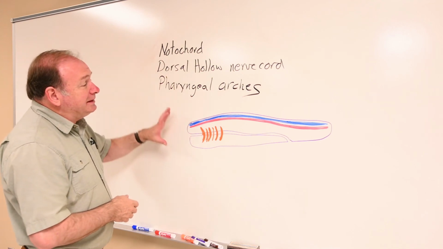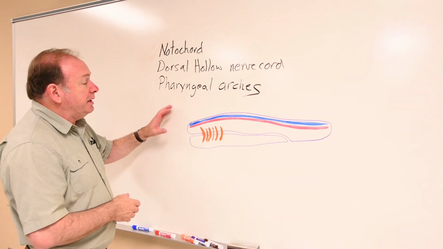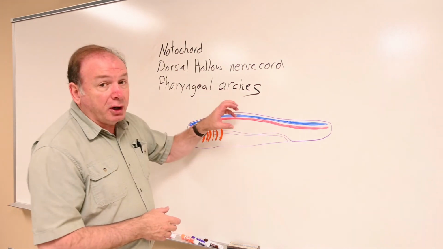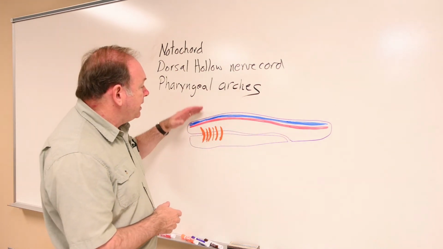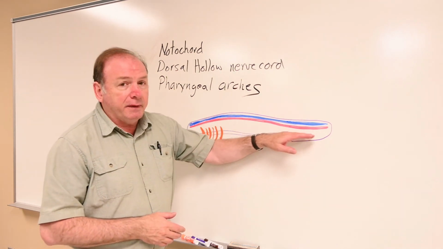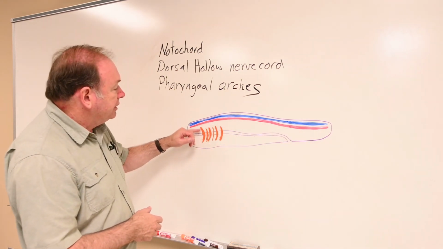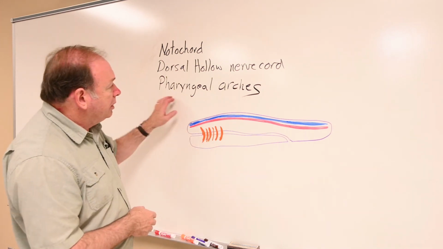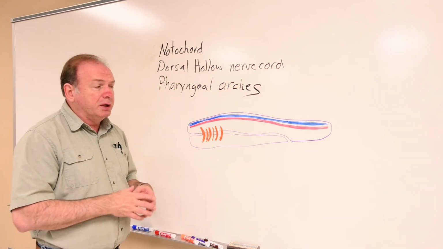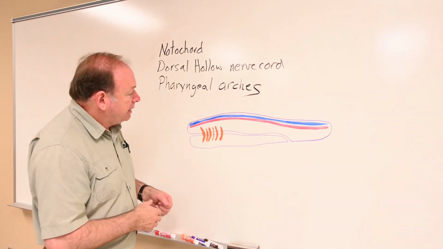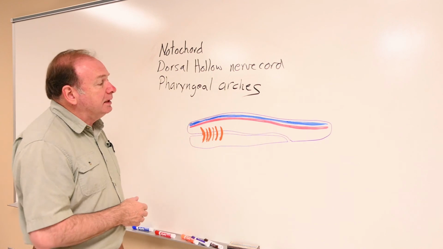So this is the basic plan for all chordate organisms. You have the ectoderm, endoderm, and mesoderm, and then from the ectoderm you get the dorsal nerve tube to form, and then beneath that the notochord develops, and then around the pharynx in the front you get some kind of a structure we can refer to as pharyngeal arches, sometimes called a pharyngeal basket. Anyhow, that's the very beginnings of a chordate.